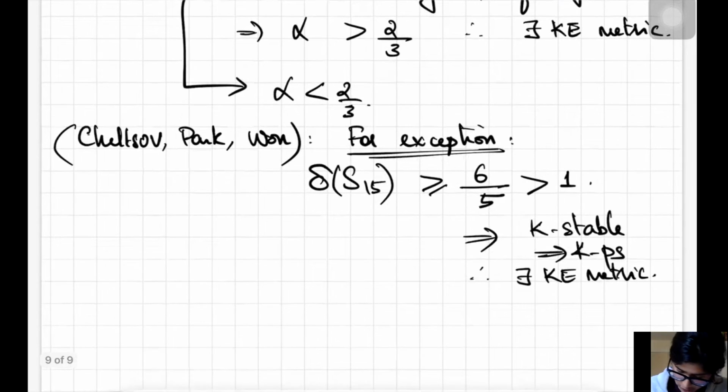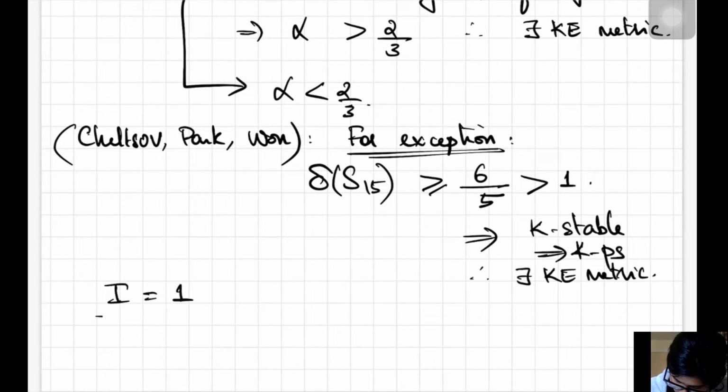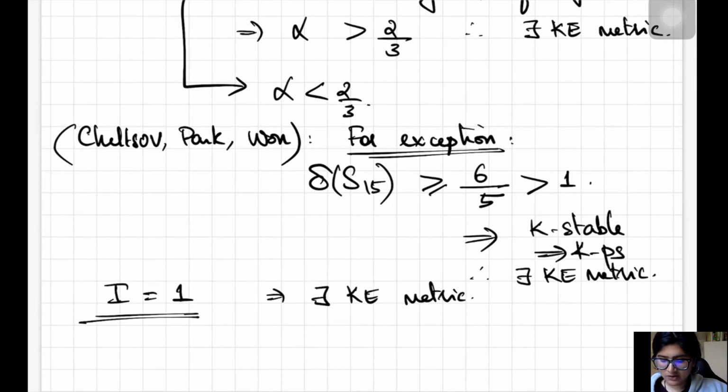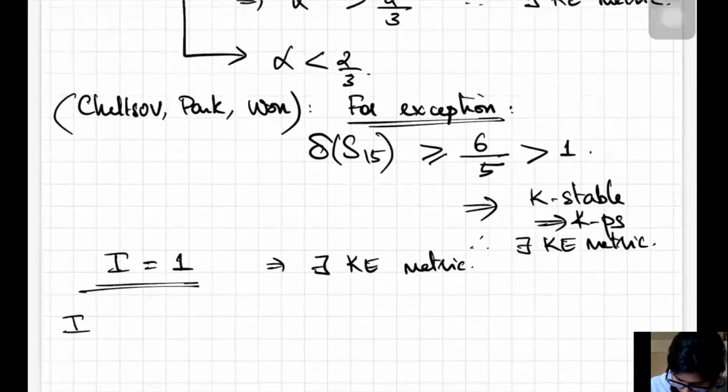To give you the whole picture in just one sentence, when i is 1, there always exists a Kähler-Einstein metric. So this has been done. And now for i equals 2, what did we know?